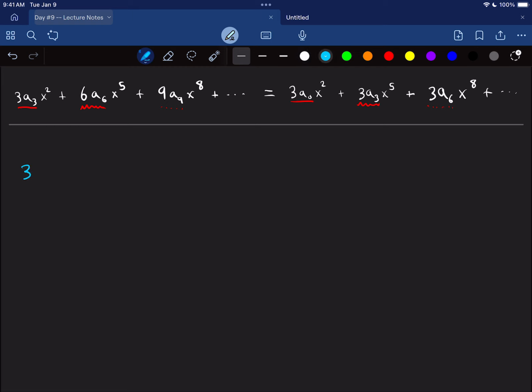Writing out our equations, 3A3 is equal to 3A naught. Of course, that just tells me that A3 is equal to A naught. I have 6A6 is equal to 3A3, which tells me that A6 is equal to A3 over 2, but A3 is equal to A naught.